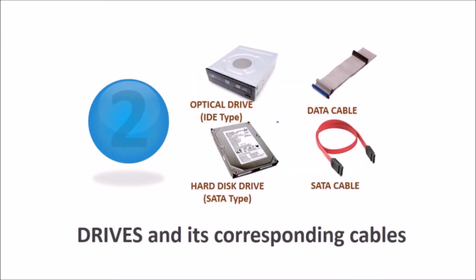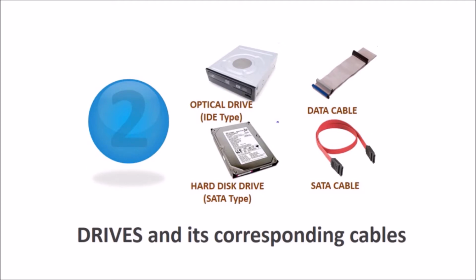Okay, the different types of drives. We have the optical drive and the hard disk drive. For the optical drive, we have two types. It's either SATA or IDE type. Same also with your hard disk drive. We also have two types, an IDE type and a SATA type.